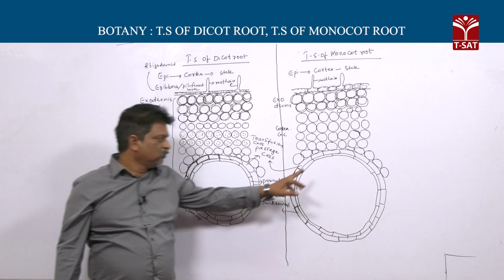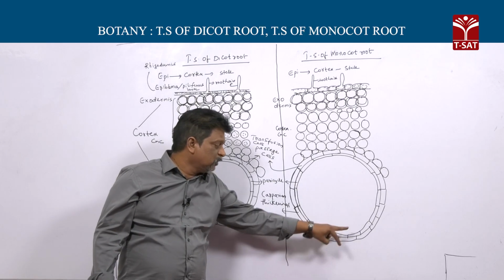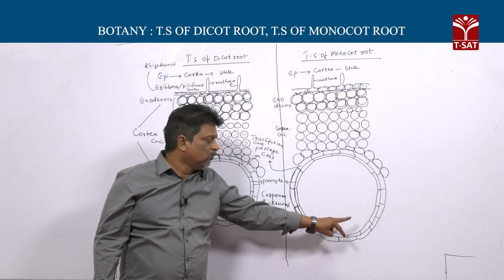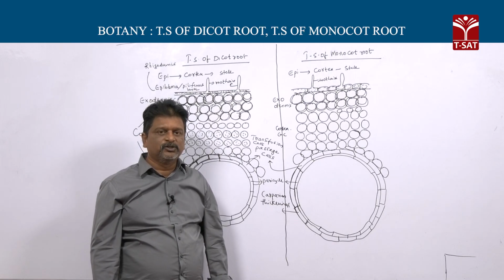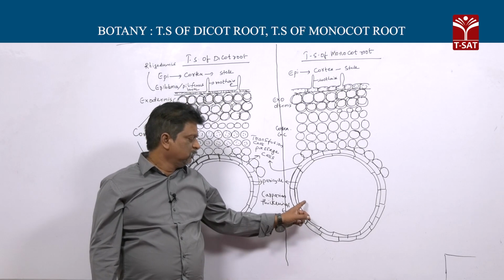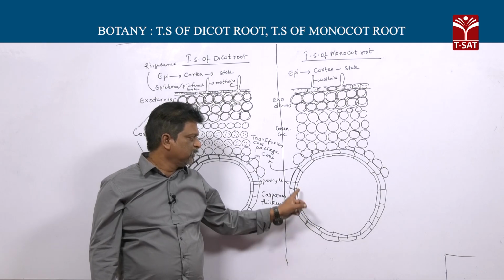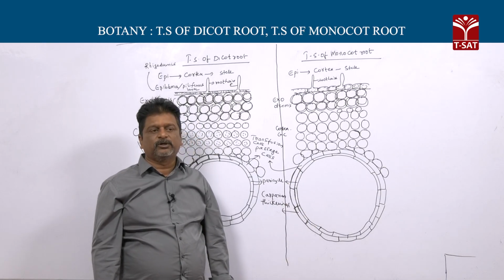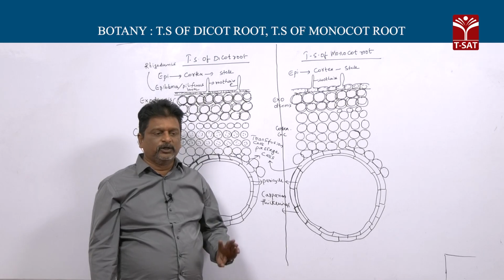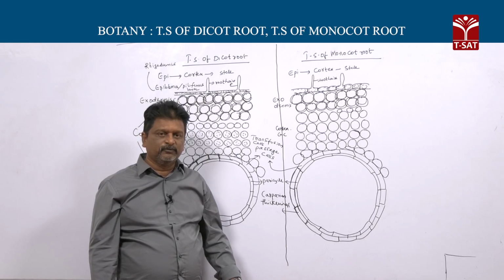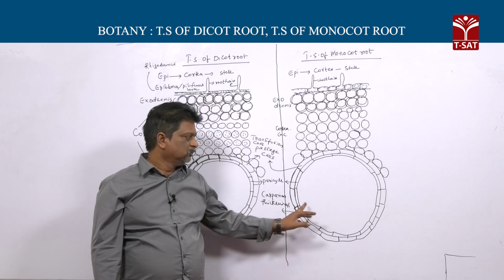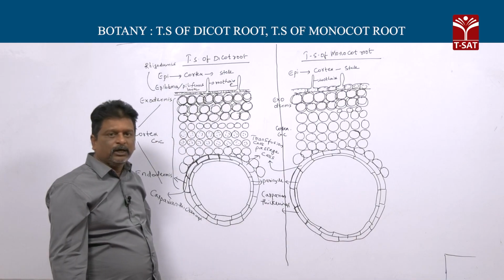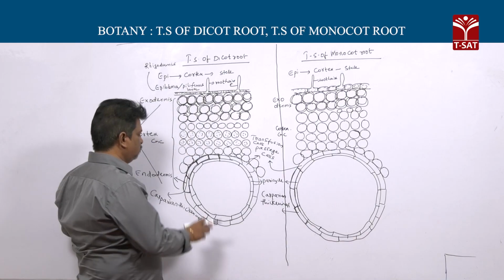But in old monocot root, due to deposition of lignin, this pericycle becomes sclerenchymatous. So, it does not show any differentiation or dedifferentiation. So, cambium is not formed. So, secondary growth is absent. This is pericycle.